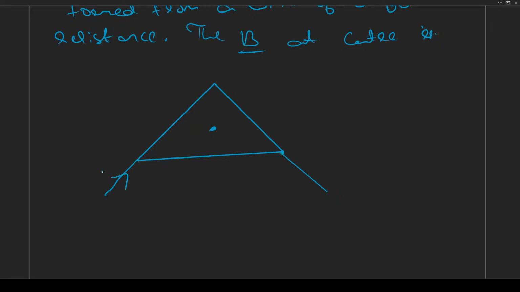This is current I, P, Q and R, center O. The current will be going like this.